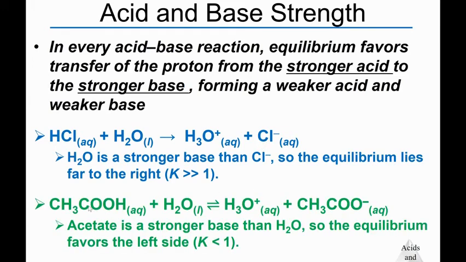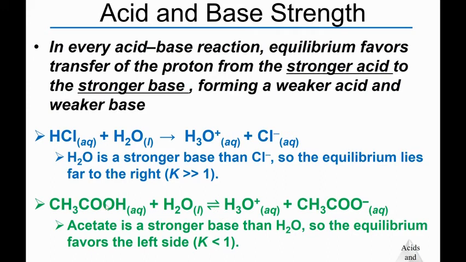Here's another one. The acetic acid, which is CH3COOH, is reacting with water. Now, one of the things we'll notice is we have a double arrow here, and that tells you something.